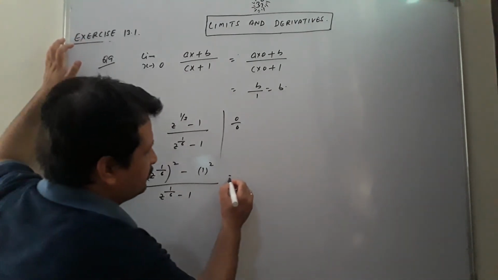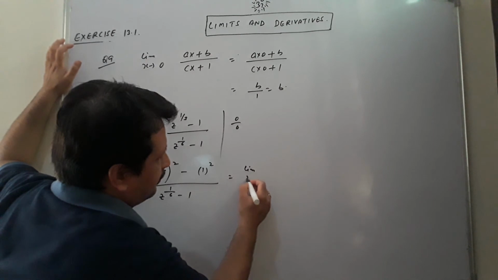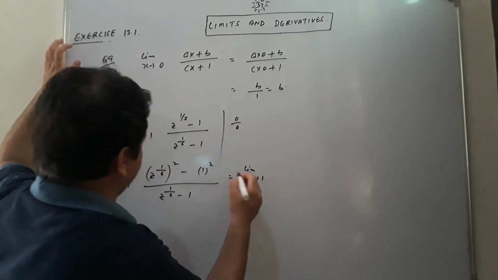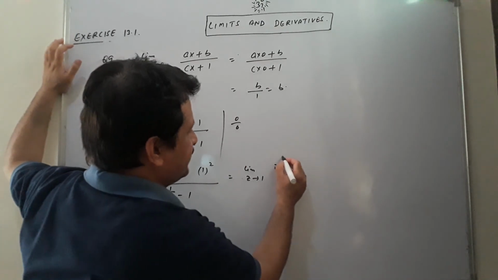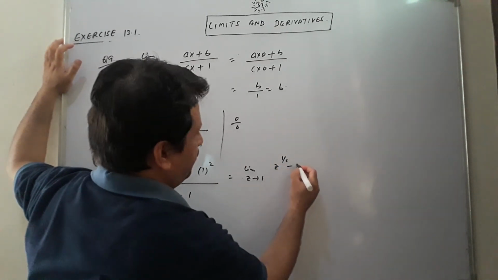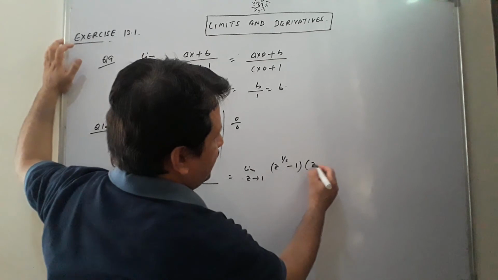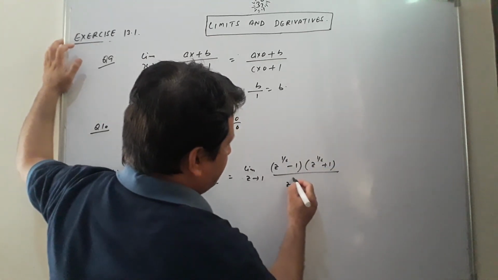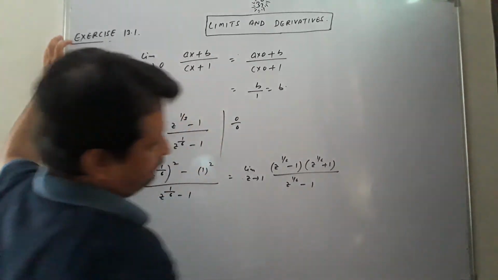Now students, you know that this is limit z tends to 1. So this will come as equal to (z^(1/6) - 1)(z^(1/6) + 1) upon z^(1/6) - 1.